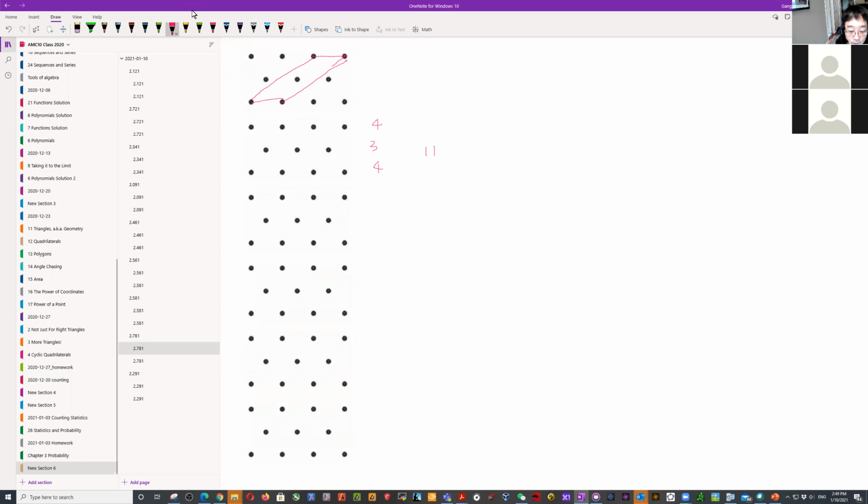Then what we can do is, because we are making lines between two dots, the maximum arrangement is 11 multiplied by 10 divided by 2. So that's going to be 55. So there are 55 different lines possible.